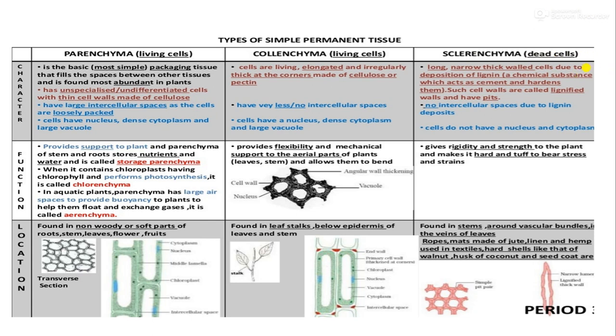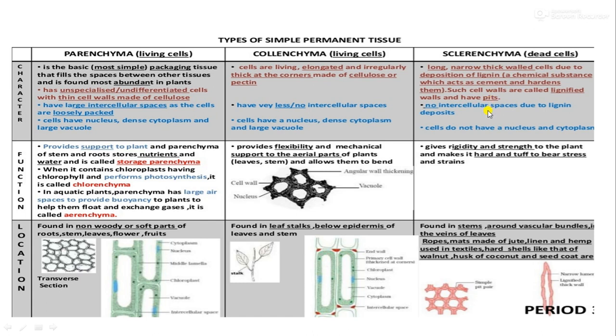Pits are unthickened areas for the exchange of substances. In sclerenchyma the cell wall is uniformly thickened, so to allow the entry of substances, there are certain regions where thickening is not there, and that region is called the pits.